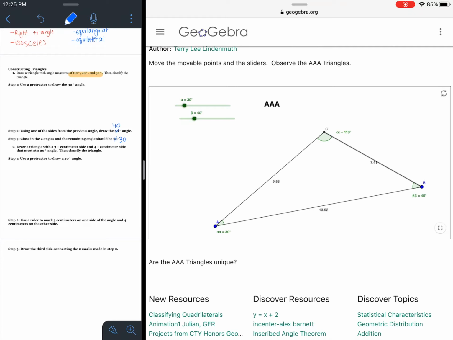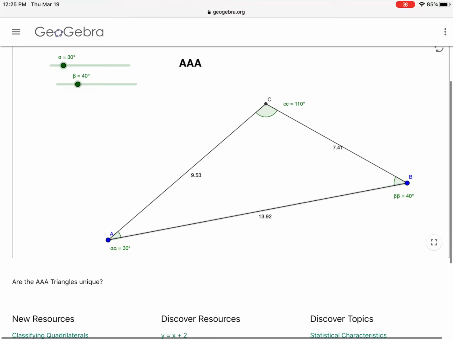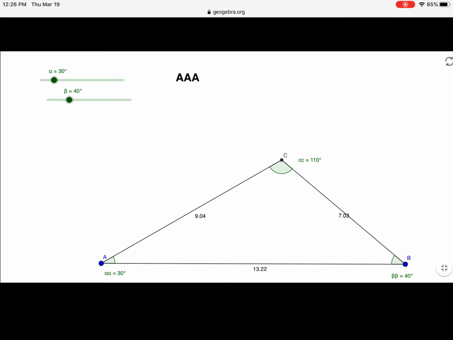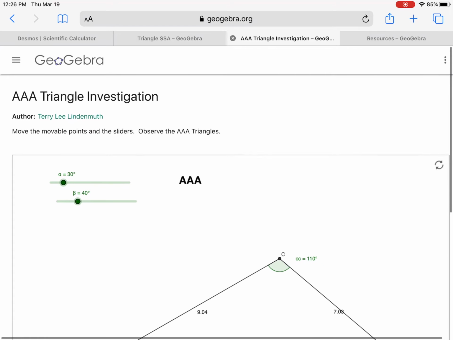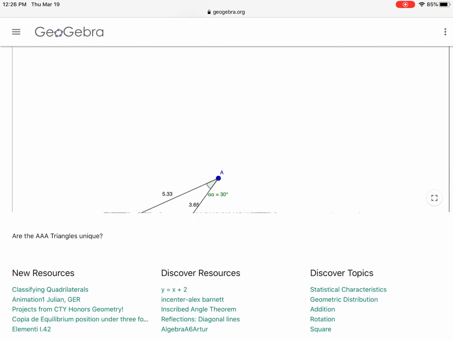And the sides don't matter. It didn't tell us what size the sides were. So this teeny tiny triangle, if I can make it smaller, maybe I gotta go full screen. So if we make this smaller, there we go.